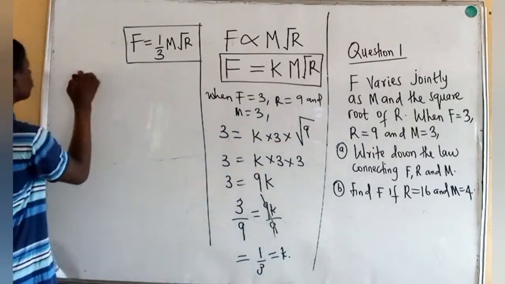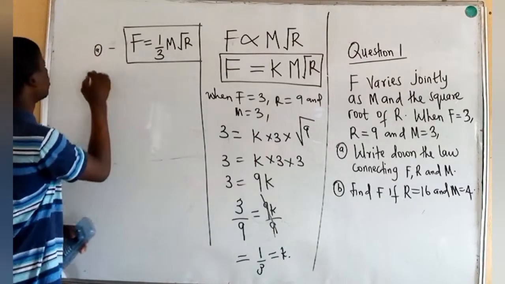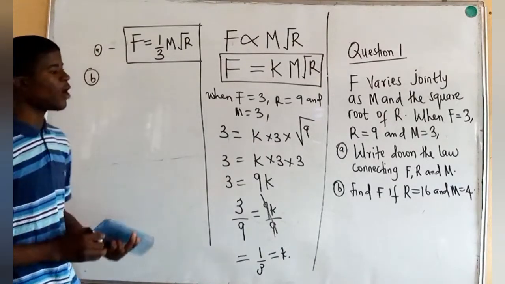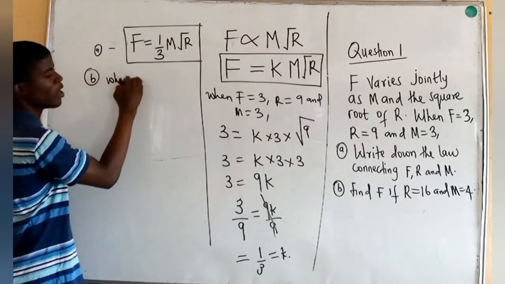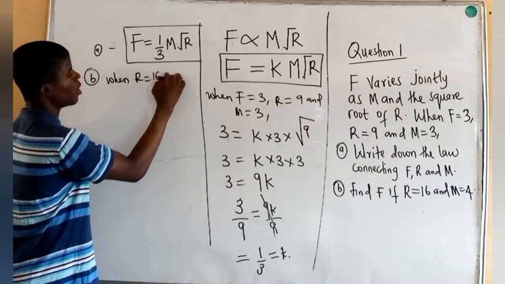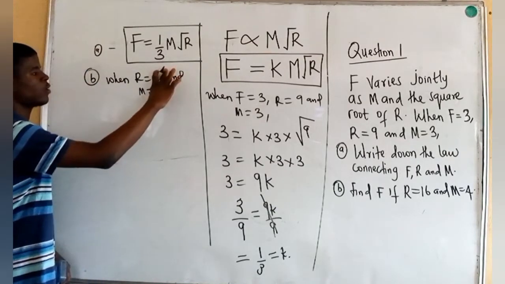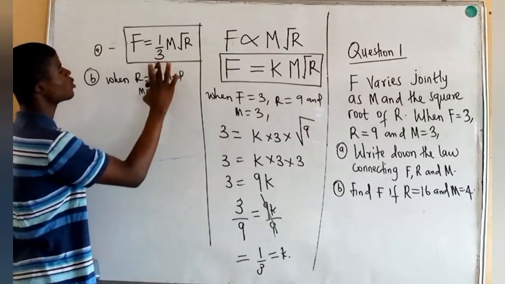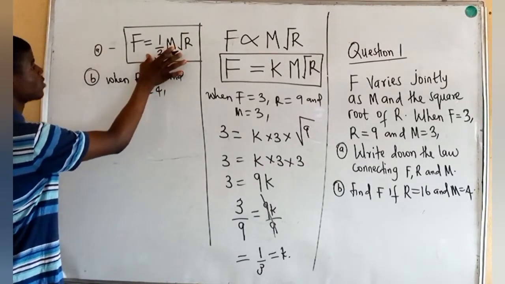The next question, B, says, find f if r is 16 and m is equal to 4. So when r is equal to 16 and m is equal to 4, these values will be substituted into this law that connects the variables.